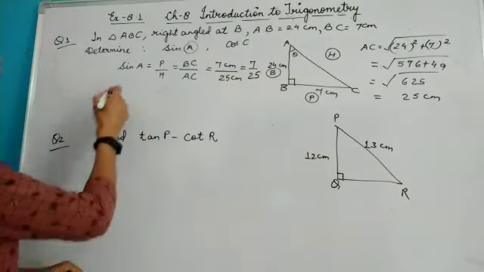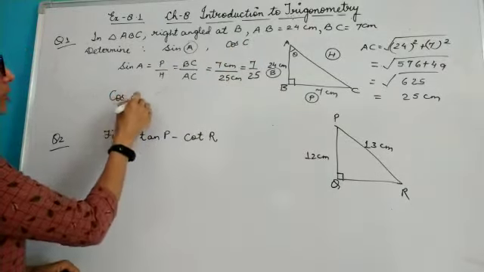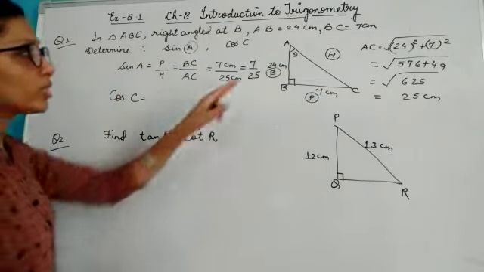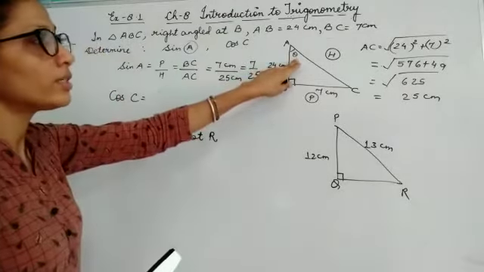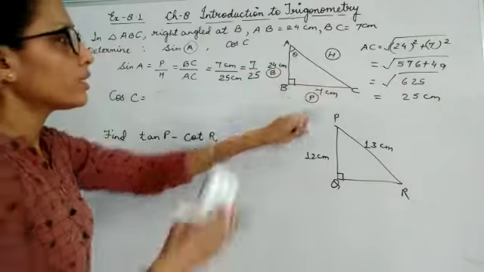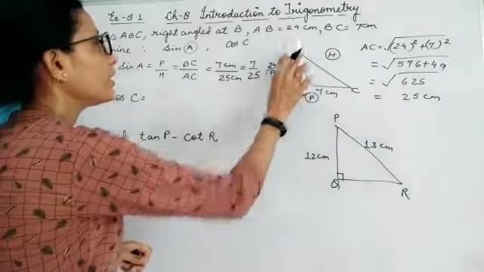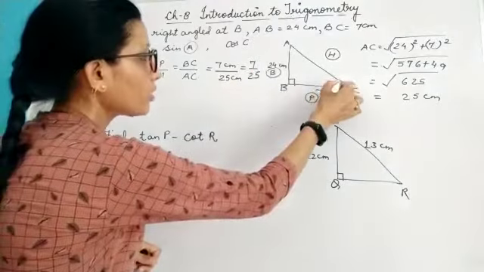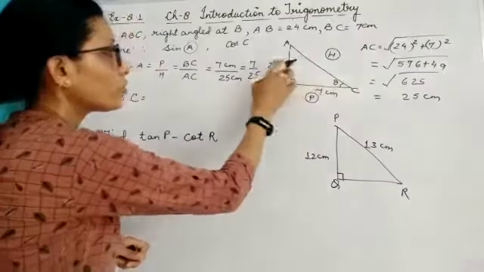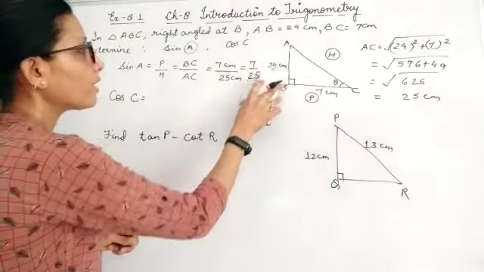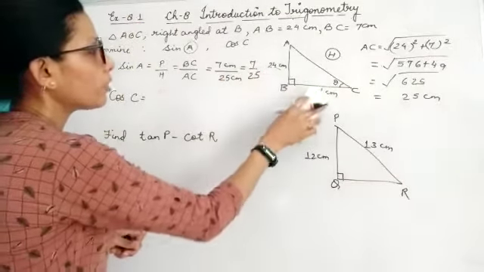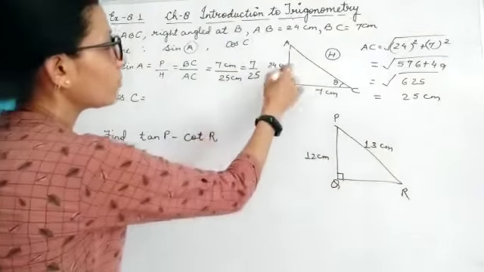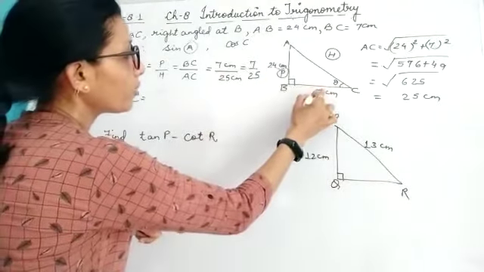Next is given to you as find cos C. That means your theta is not given here, but your theta is placed here now. So if this is your theta, you know opposite to theta, perpendicular will lie. That means this will be your perpendicular and this will be your base.